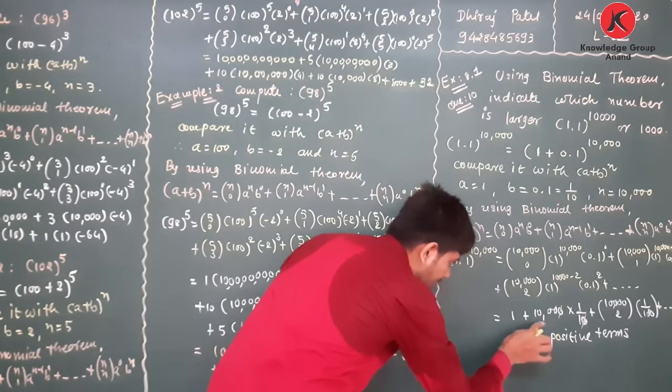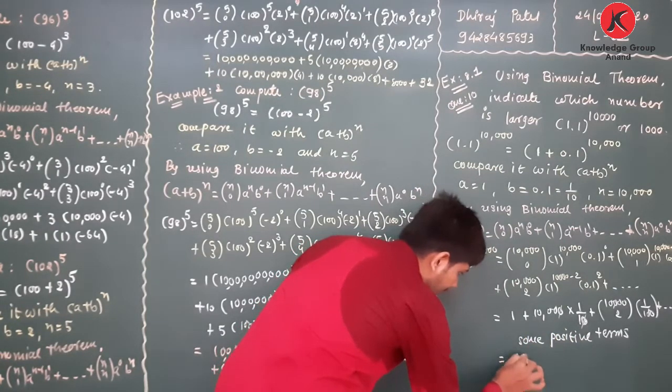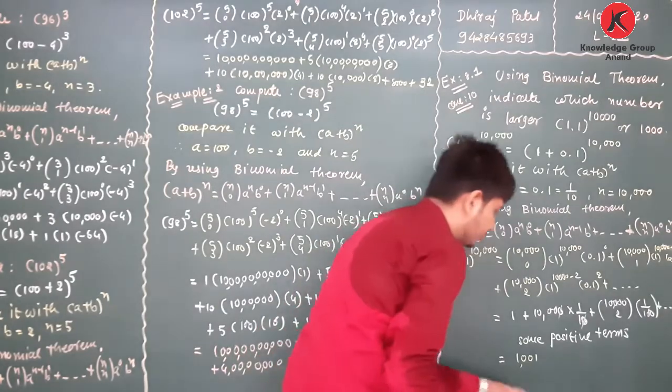Therefore we can say 1,000 plus 1, 1,001.